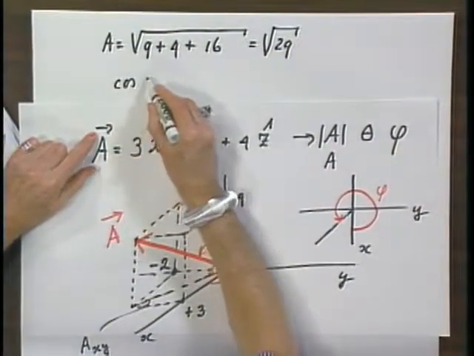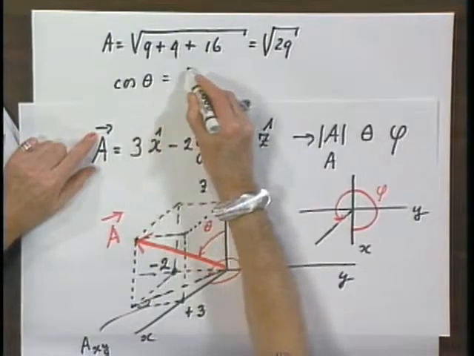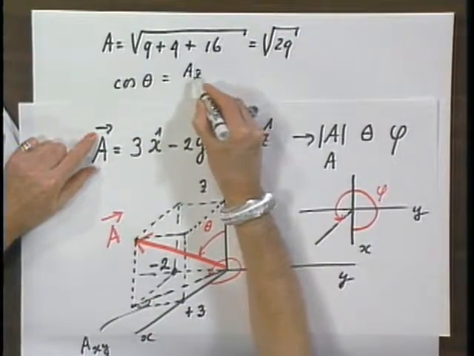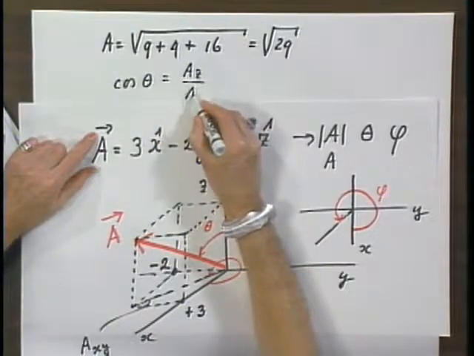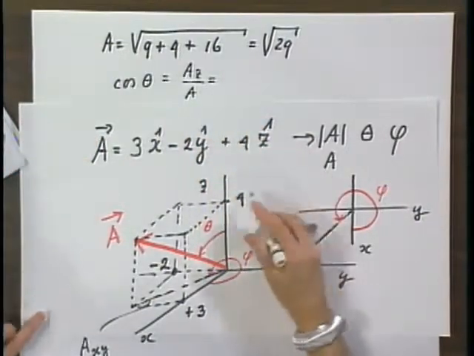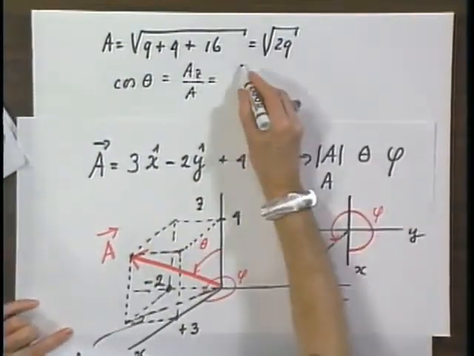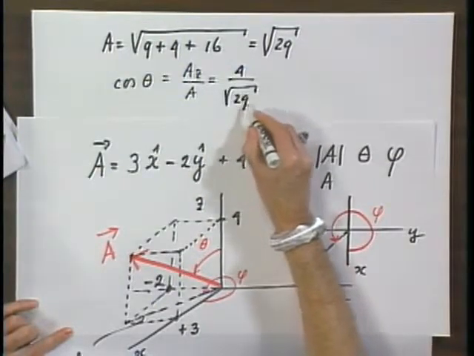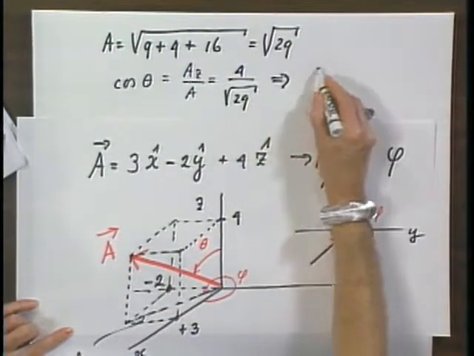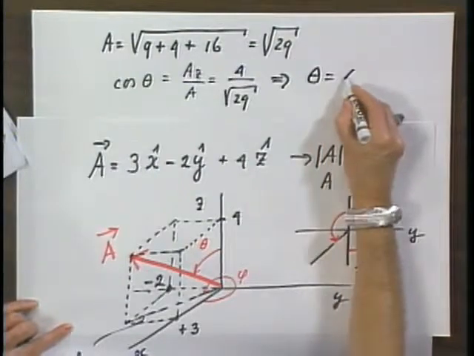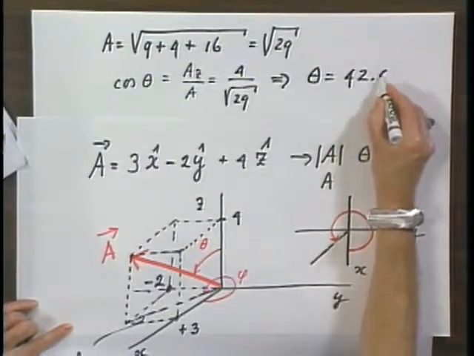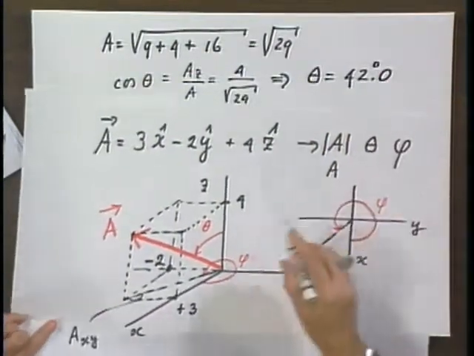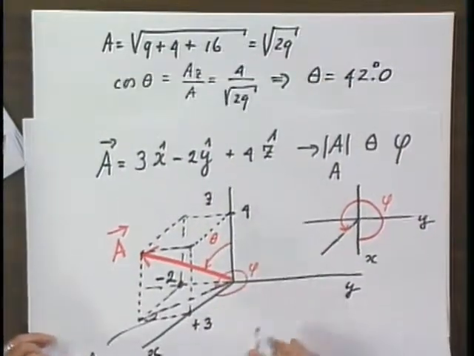The cosine of theta equals A of z divided by A. A of z is 4. A is the square root of 29. And so I find that theta equals 42.0 degrees if I round it off. So this angle is about 42 degrees.